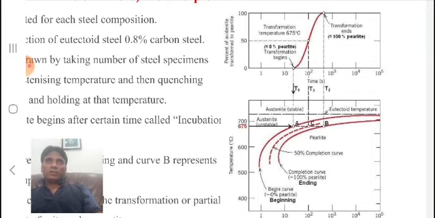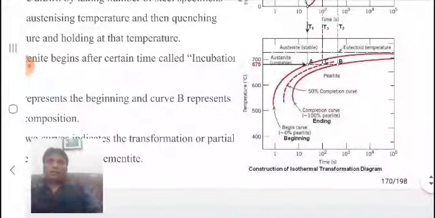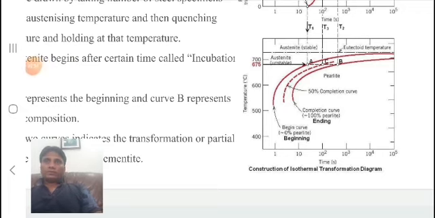So this is explained by the cooling curves. There is no big difference, but in both these phenomena we can easily use these TTT diagrams. So this will be explained in the next video.